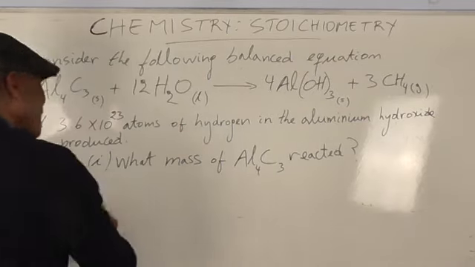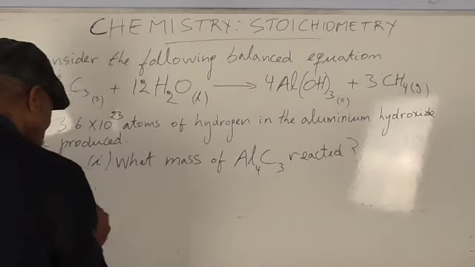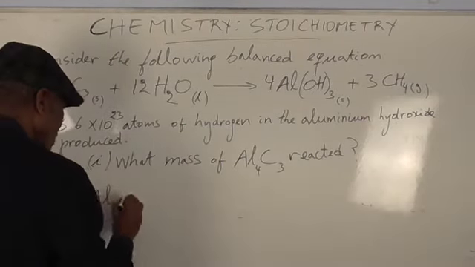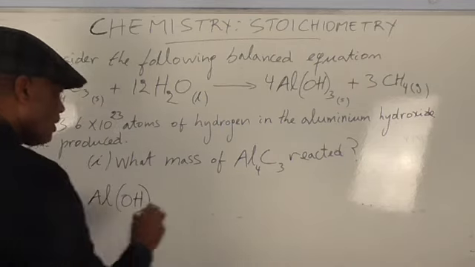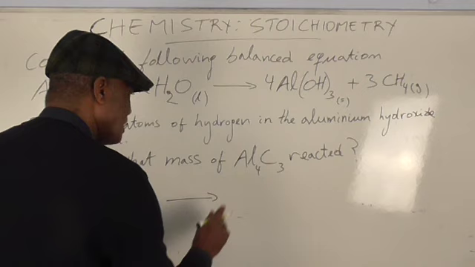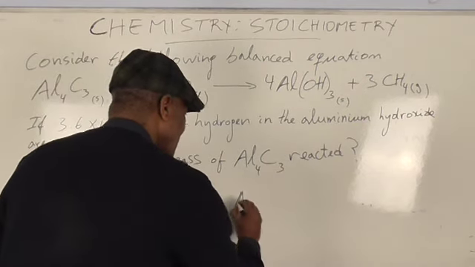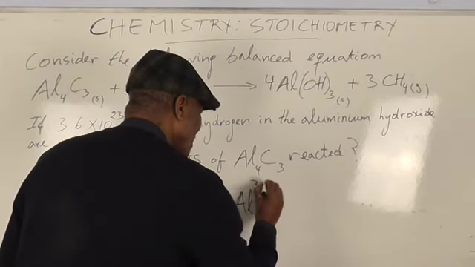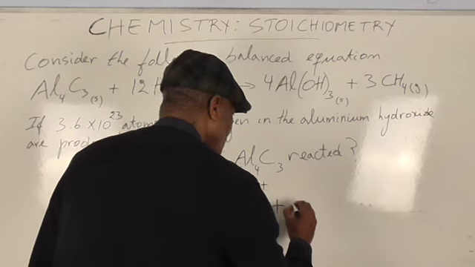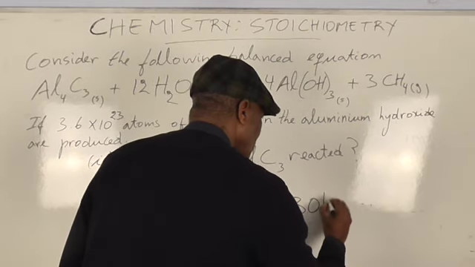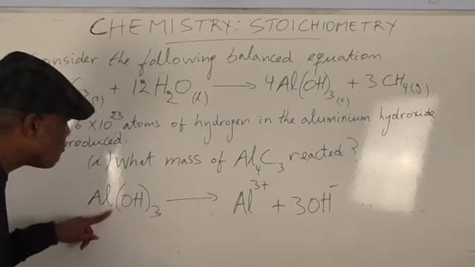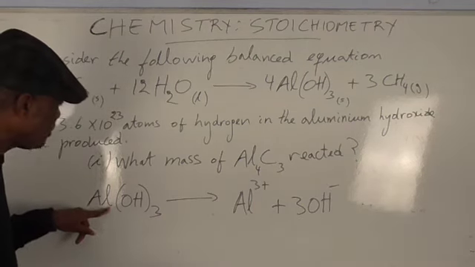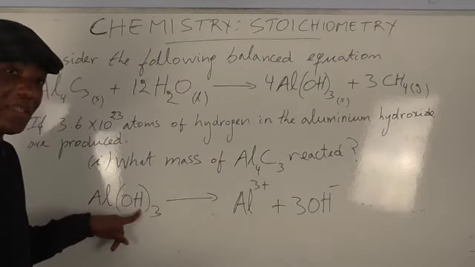Now, when I write this aluminium hydroxide, it is dissociated. When it is dissociated, we are going to have this. So we have 1 mole of aluminium hydroxide.